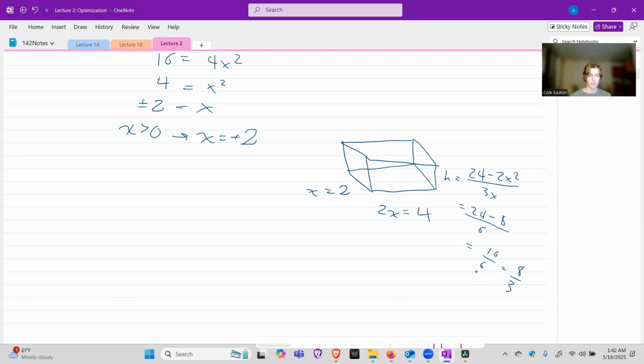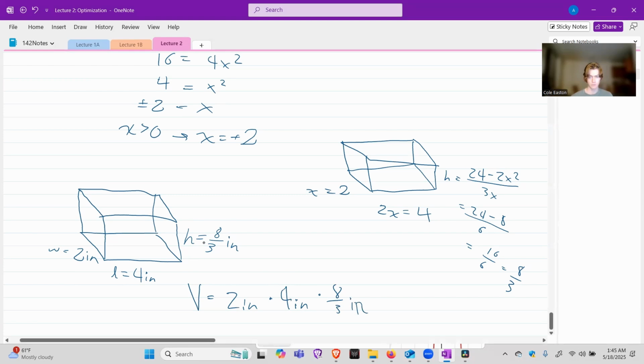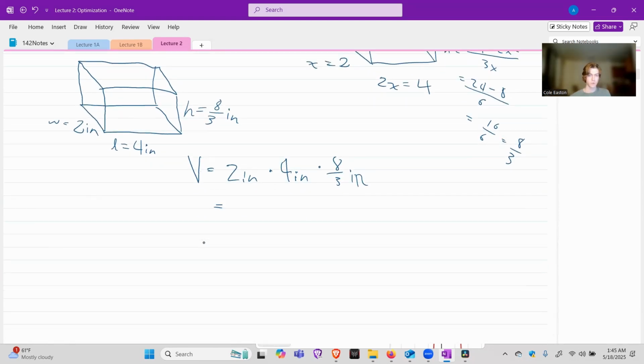So ultimately, let's just redraw our box one last time. We've got a height of 8/3, a length of 4, a width of 2, and we want to make sure that we have units on all of these. And that means that our volume is going to be 2 inches times 4 inches times 8/3 inches, which is 64/3 inches cubed.